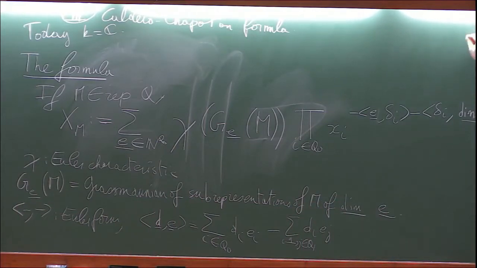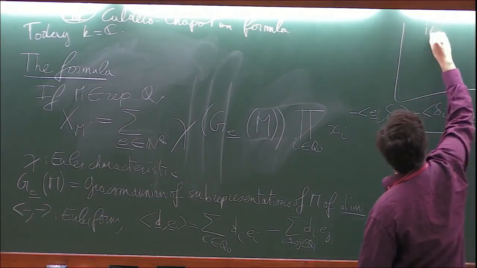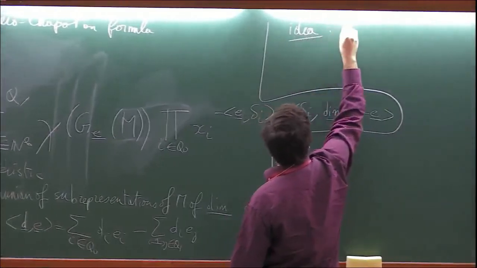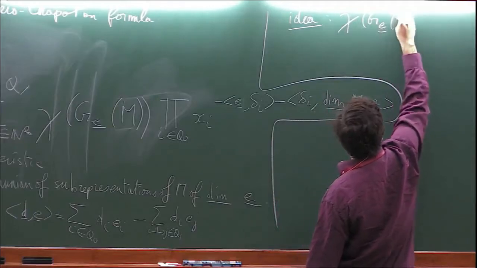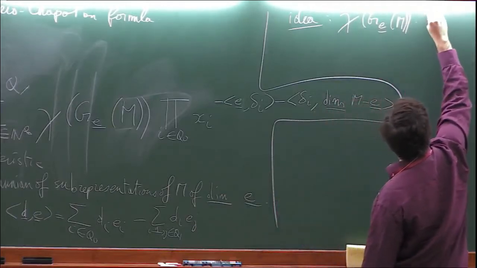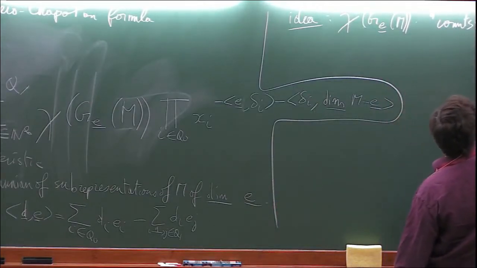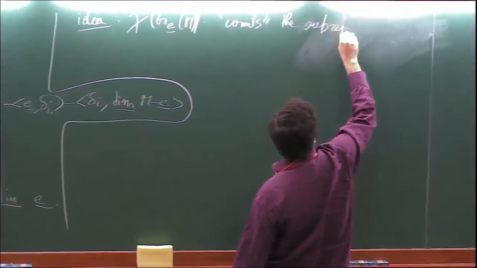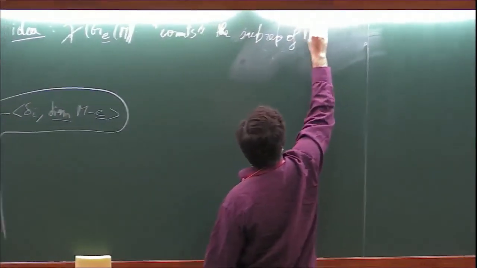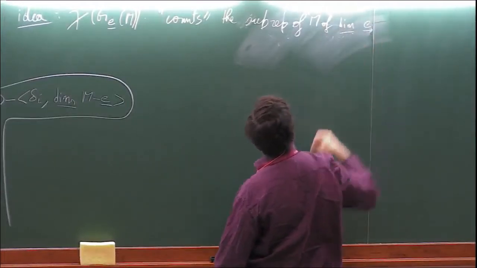But before doing an example, I will give a kind of vague idea: this number counts, and I put quotation marks, counts the number of sub-representations of M of dimension vector E. Okay?